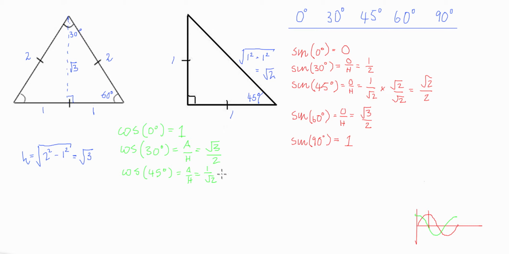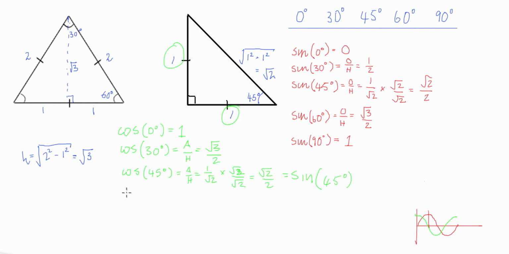And if you notice, we can rationalize this again. You'll notice that because these two sides here are the same, the cosine of 45 is equal to the sine of 45 degrees. So that's a cool little relationship that's good to remember.